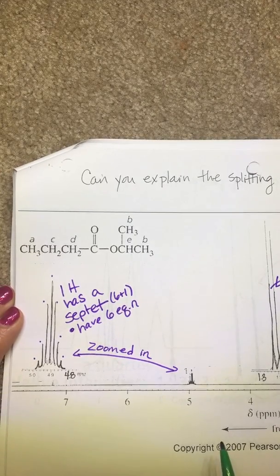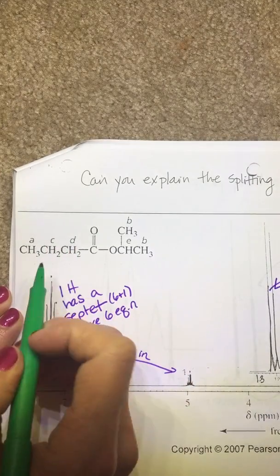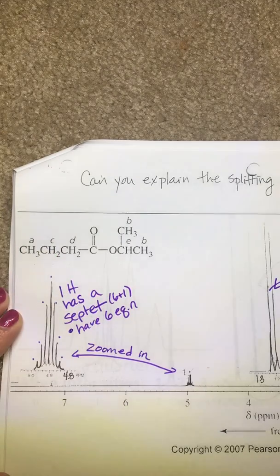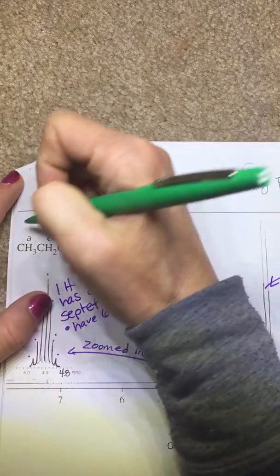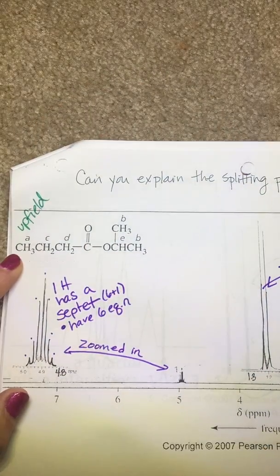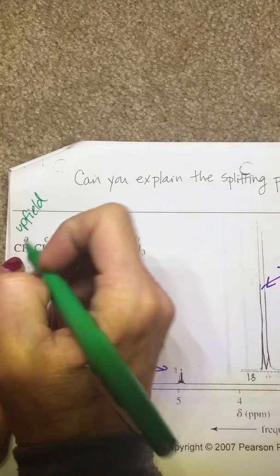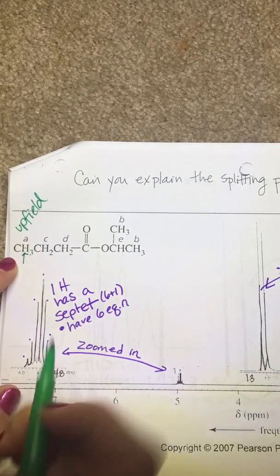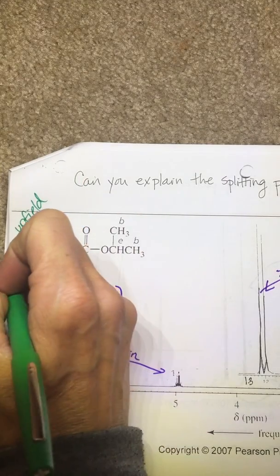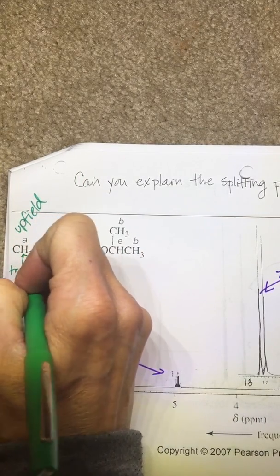Alrighty. So let's start with A, since we're really upfield here, furthest away from our electronegative atoms. Right, this is upfield. And check out our splitting pattern. These hydrogens right here have 2 equivalent neighbors. So 2 plus 1 would be our triplet.